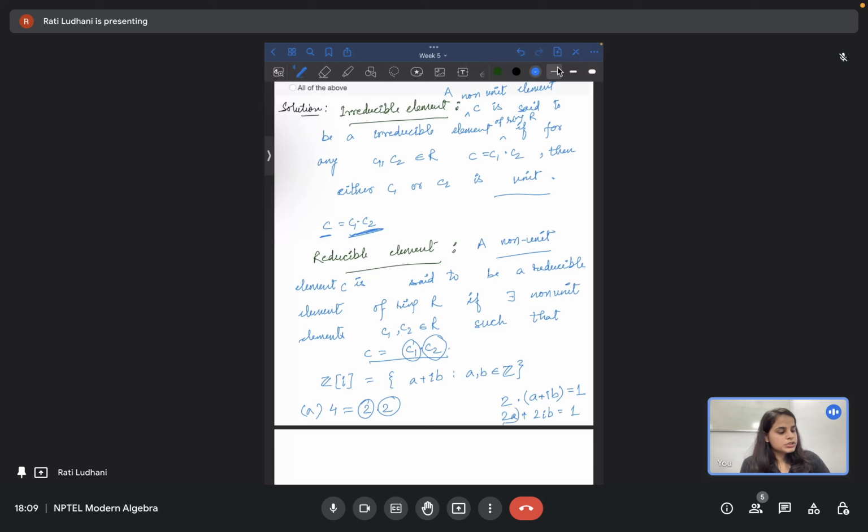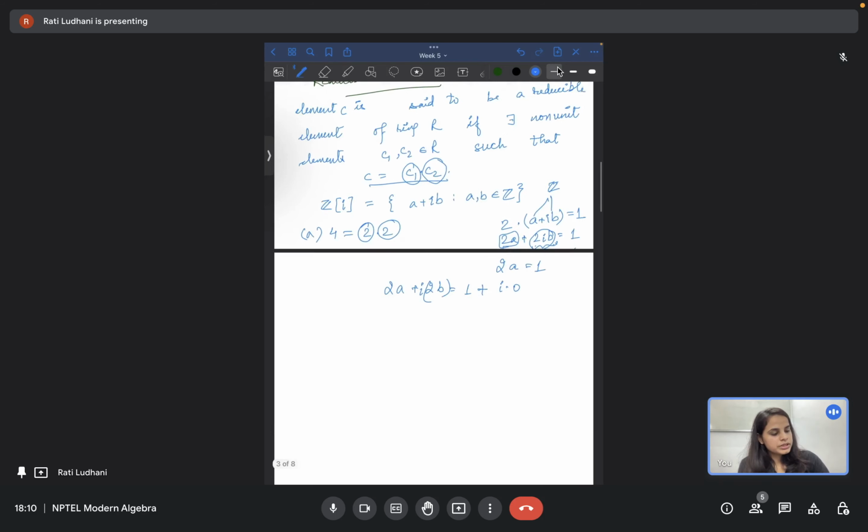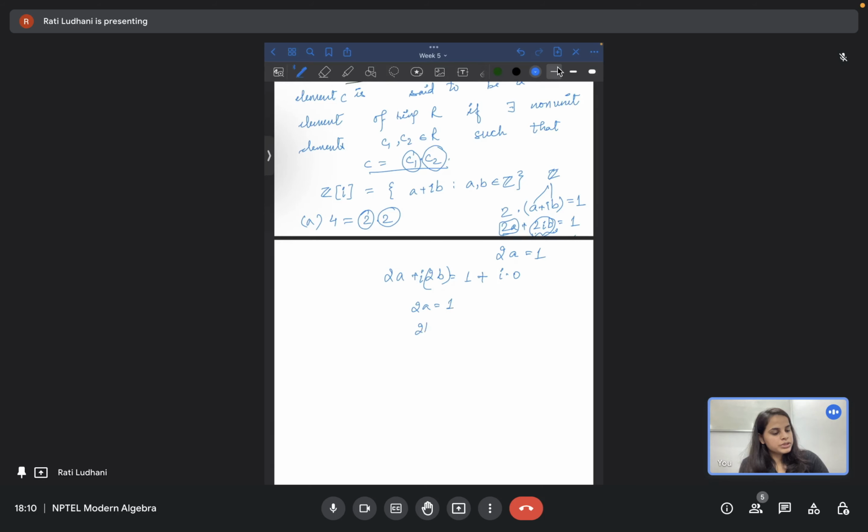Now 2a is your real part and 2b is the coefficient of iota, so comparing, 2a is equal to 1 and 2b is equal to 0.